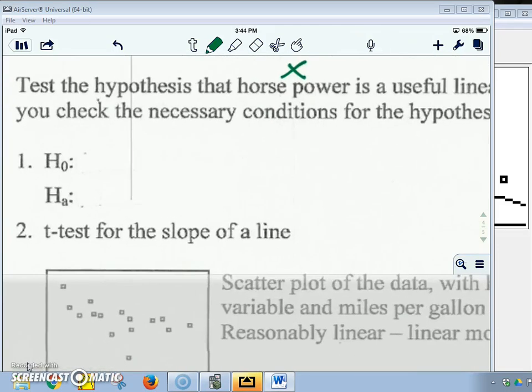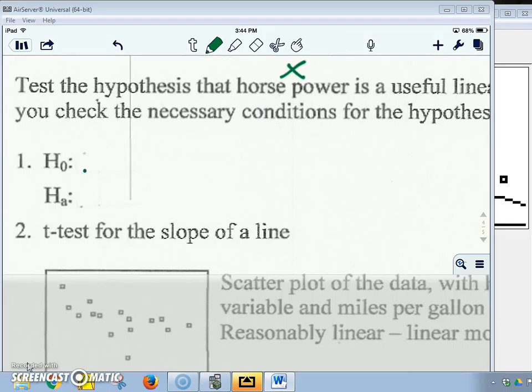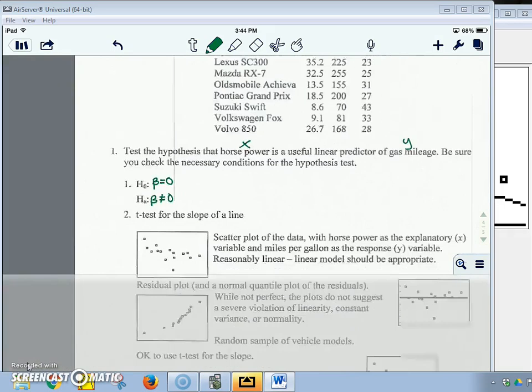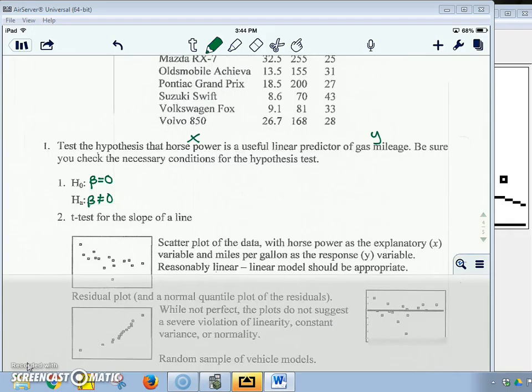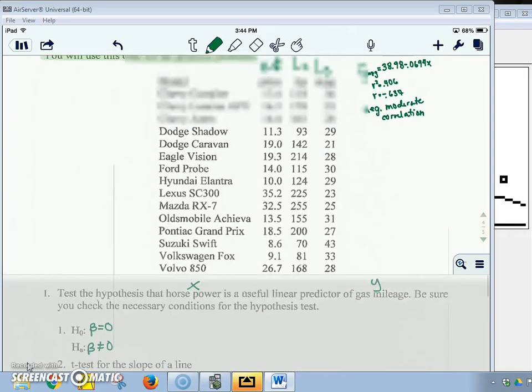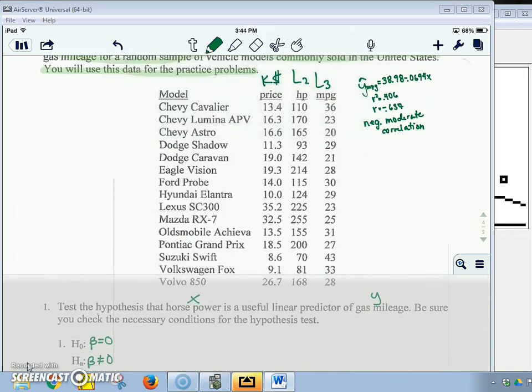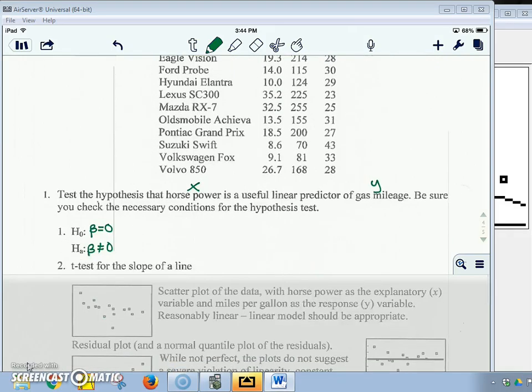So our null hypothesis would be that the actual slope of that line is 0, and our alternate hypothesis in this case is that it's not 0, because we want to see if it's a useful predictor of gas mileage and if there's just any type of difference, because maybe horsepower would make it go up or horsepower would make it go down. And in this case, it looks like the more horsepower, the lower the gas mileage. But right now we're just looking for a difference.